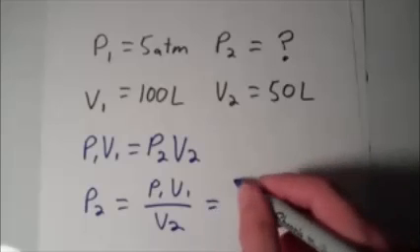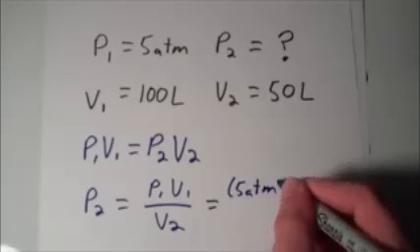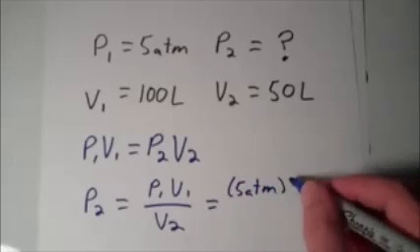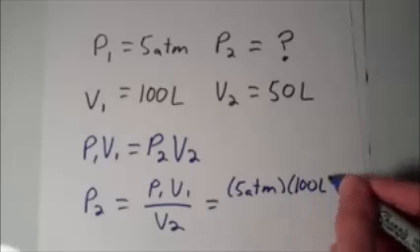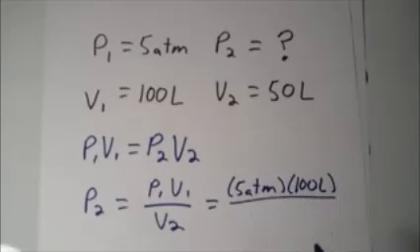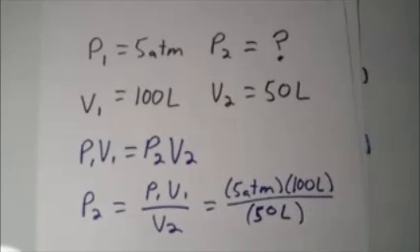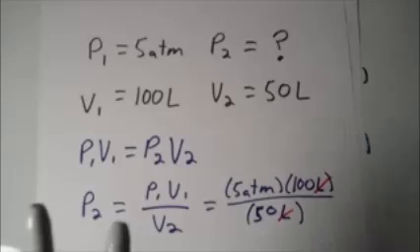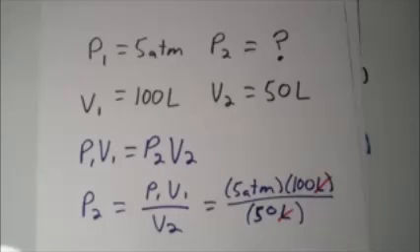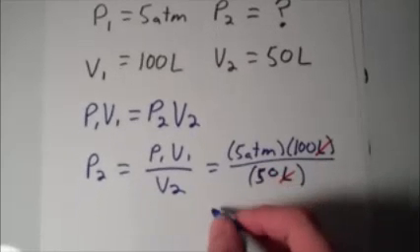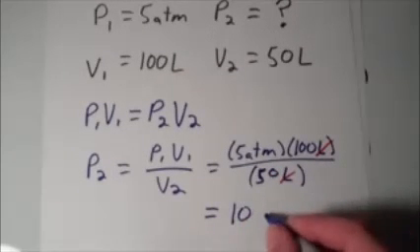And P1 is 5 atmospheres, and V1 is 100 liters, and V2 is 50 liters. And the liters cancel here, and we're left with nothing but atmospheres, the unit of pressure, which is good. So 5 times 100 divided by 50, that looks to me like that's going to be 10 atmospheres.